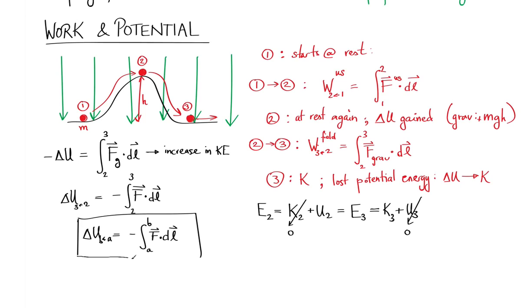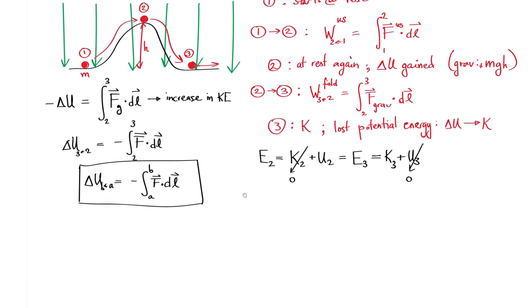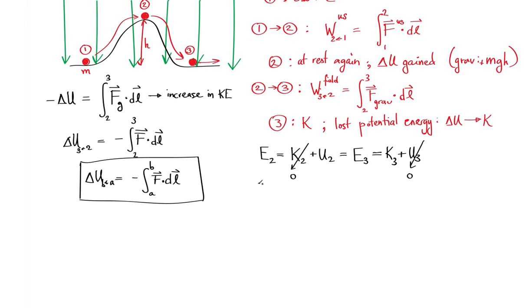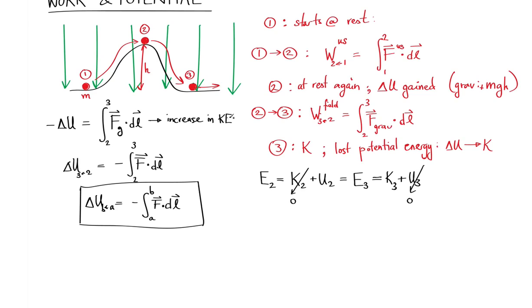So this is true regardless of whether or not we're dealing with a gravitational force or an electrical force. The example I started with up there was a gravitational example just because that would probably be most familiar to you. But let's imagine now that instead, in this example here, instead of the red dot being a stone of mass m, it was, let's say, a charge q, and the exact same thing applies.